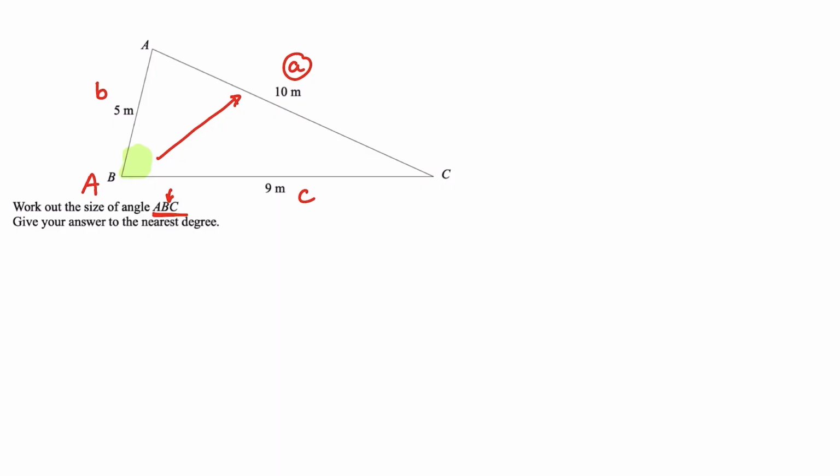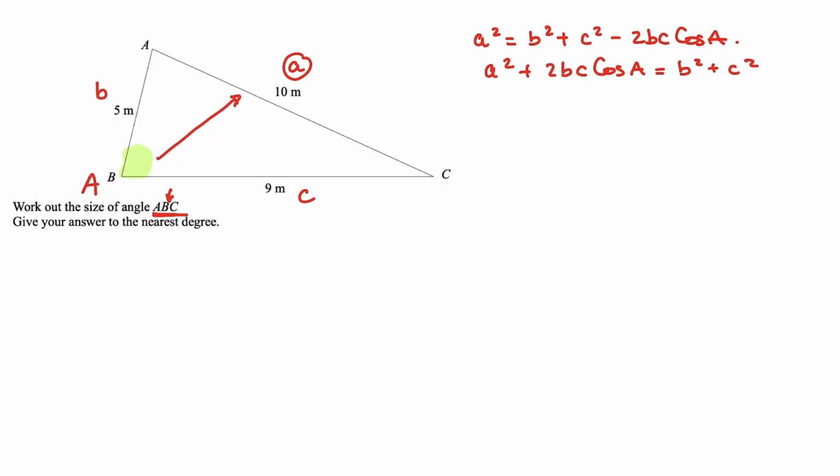Very quickly, the equation for the cosine rule is a squared is equal to b squared plus c squared minus 2bc cos A. We're rearranging by taking the minus 2bc cos A to the other side, so it becomes a squared plus 2bc cos A is equal to b squared plus c squared. 2bc cos A is equal to b squared plus c squared minus a squared. So cos A is equal to b squared plus c squared minus a squared over 2bc.